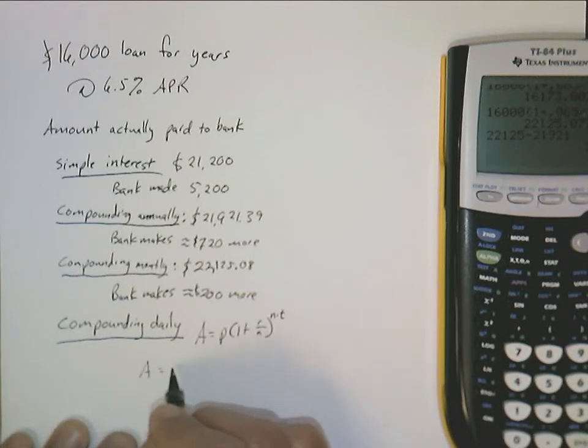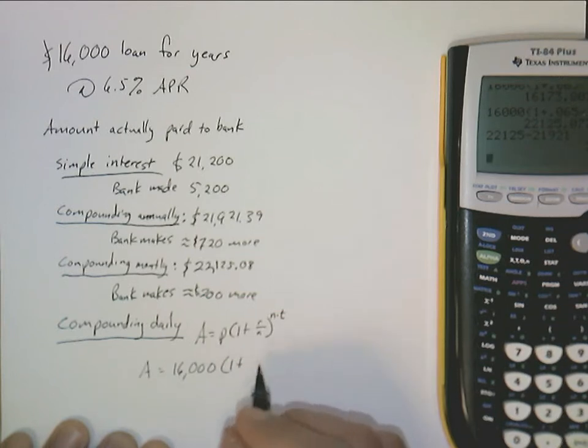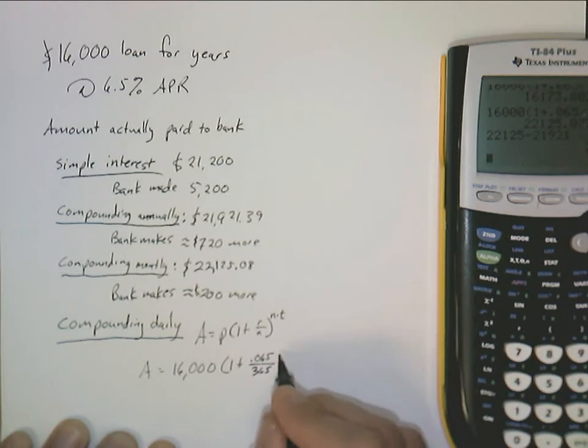So A is equal to 16,000, that's our principal, times 1 plus 0.065 was the annual rate. Now we're dividing it by 365 days per year. But now our exponent is going to be how many days there are in those 5 years. So 365 days per year times 5 years.